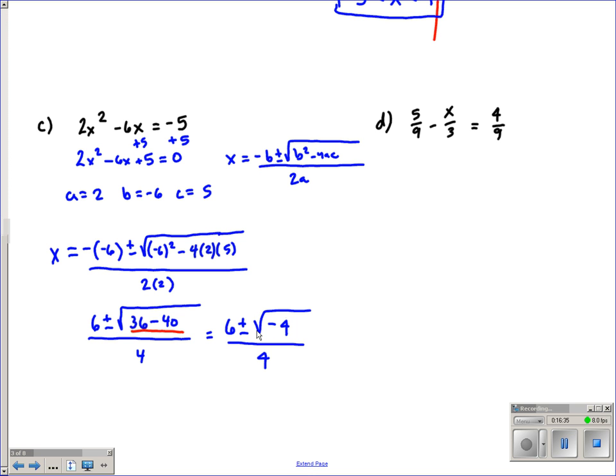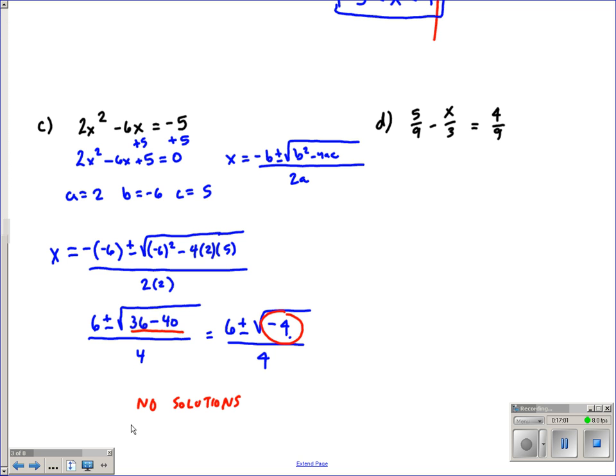Well, the reason this creates a problem is we can't take the square root of negative 4. But what does this mean for us? Well, we're not going to be able to simplify this down and get a real number solution. So what we end up with is no solutions, because we can't take the square root of that negative to get a real number solution.